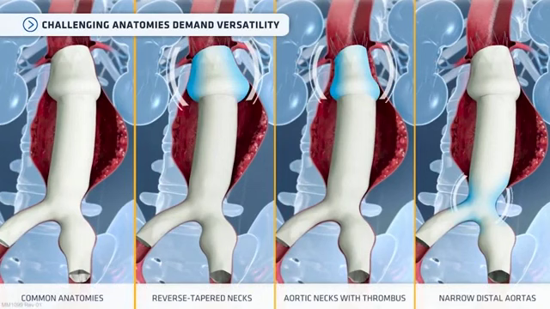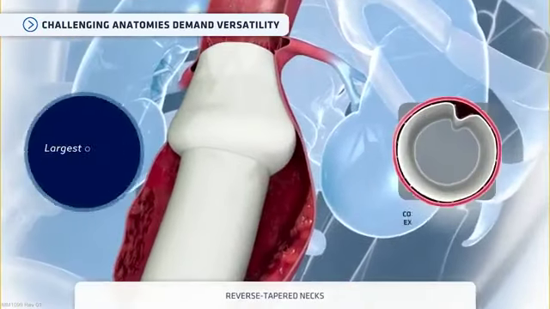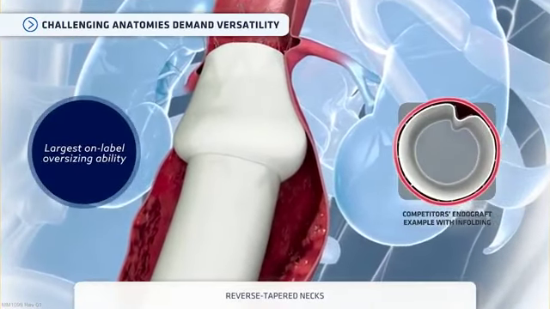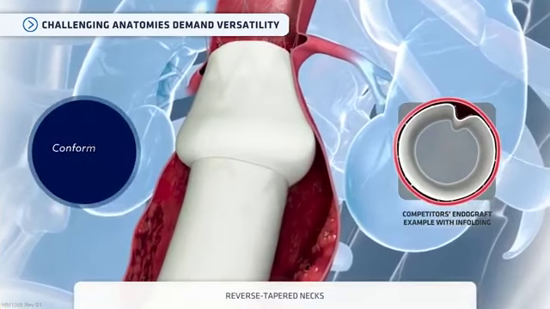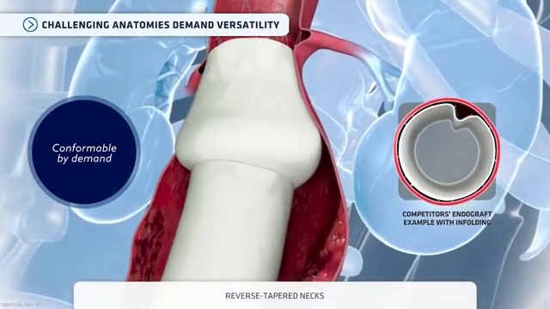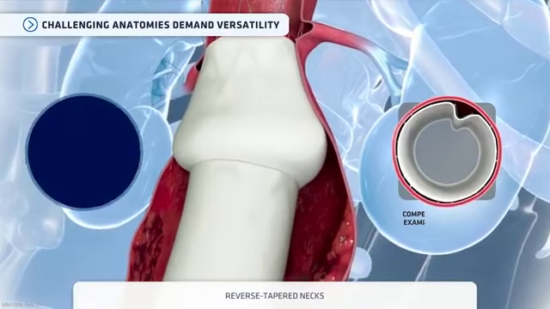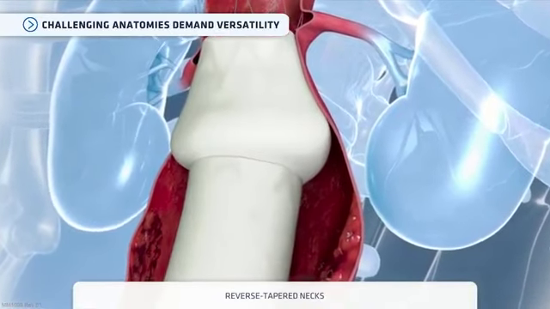Challenging anatomies demand versatility. Therefore, the AFX system is versatile across anatomies. The AFX system's large on-IFU oversizing range and its DuraPly EPTFE Active Seal technology make it ideally suited for reverse tapered neck anatomies.